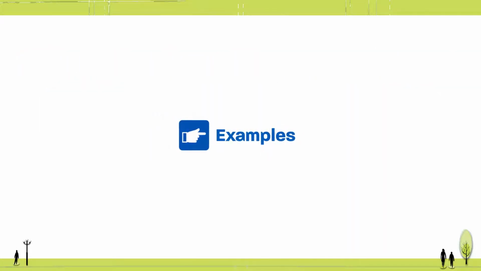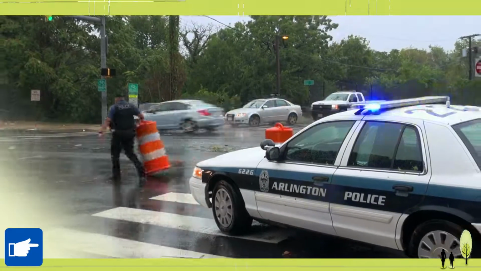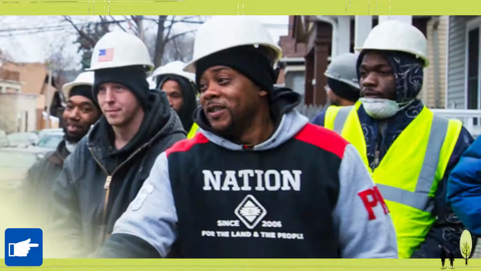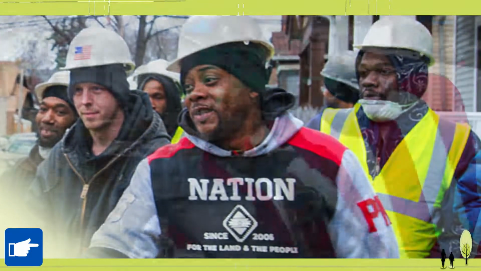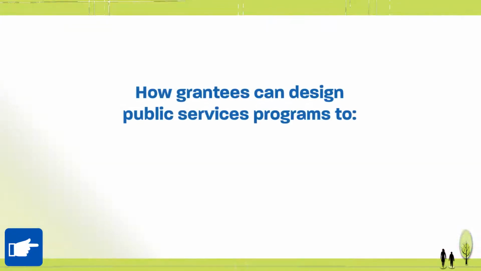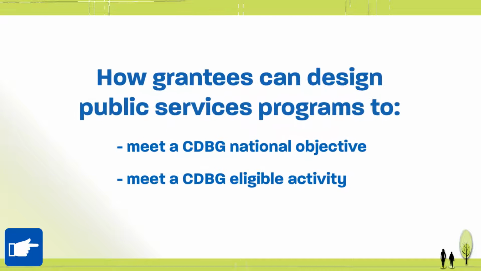Examples of these types of services include provision of crime prevention counseling to residents of a designated slum blight area, provision of additional police protection to prevent looting in an area damaged by a tornado. Let's look at an example to illustrate how grantees can design public services programs to meet a CDBG national objective and meet a CDBG eligible activity.